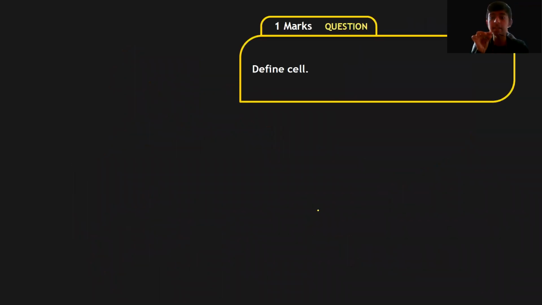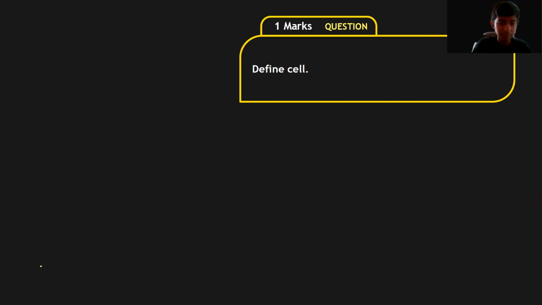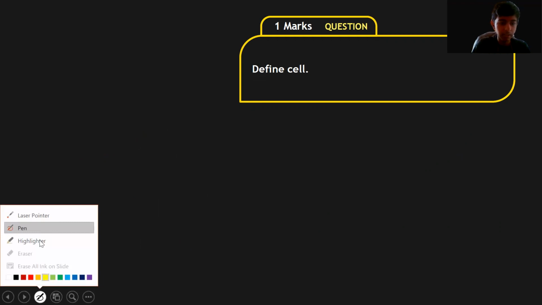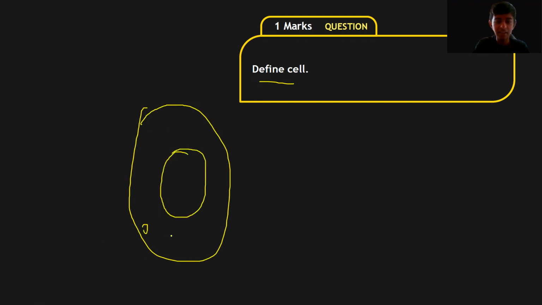So let's get started. First question, define cell. Very, very easy question. What is a cell? A cell would be like something like this, and here are the organelles.